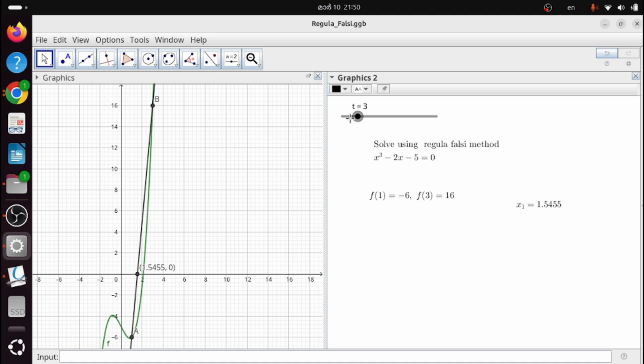We can see that the secant line intersects the x-axis at 1.5455, which is a value between 1 and 3. Now we are going to take this as the false position or approximate root.